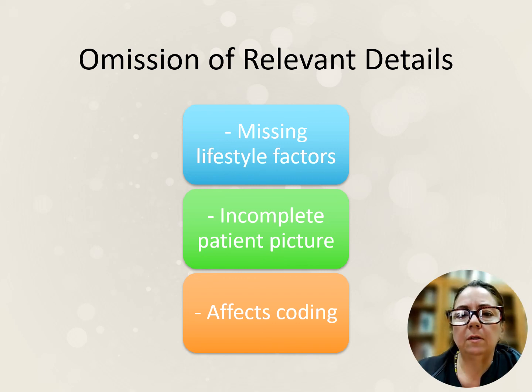Omissions can result in incomplete coding and can potentially cause claim denials. Quality audits may identify the lack of relevant details as a documentation deficiency. And as always, clinical validation relies on comprehensive documentation. Those things could be quite relevant.